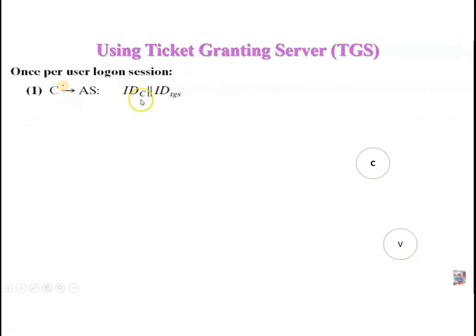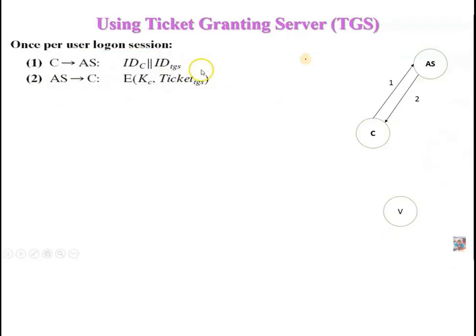You can see here, we'll use it once per user logon session. As you can see, in the first step the client will communicate with the authentication server. It will communicate IDC, that is the identifier of the client, and IDTGS, which is nothing but the identifier of the ticket granting service.